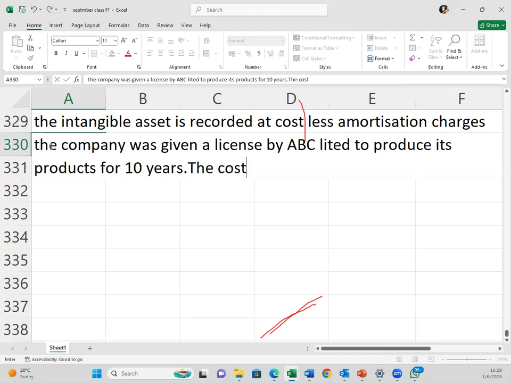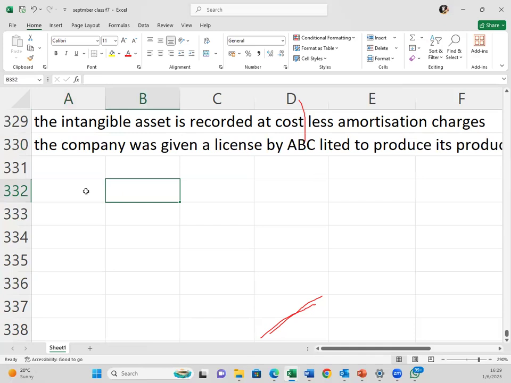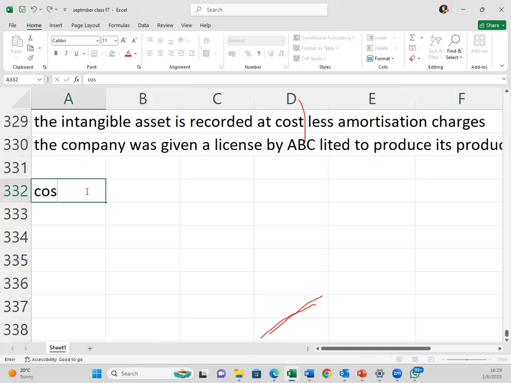The cost of the license was 8,000. Given something like this, in terms of recording in our books, we initially recognize the cost of 8,000.